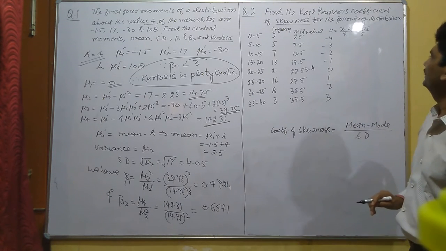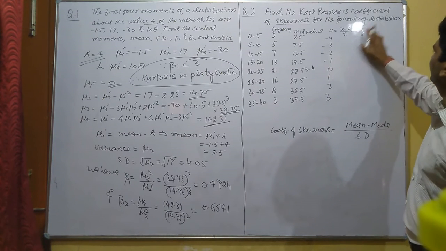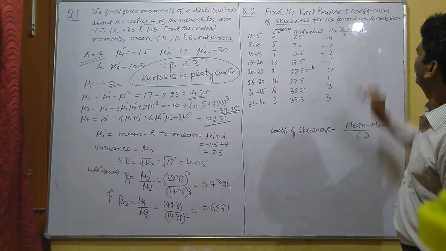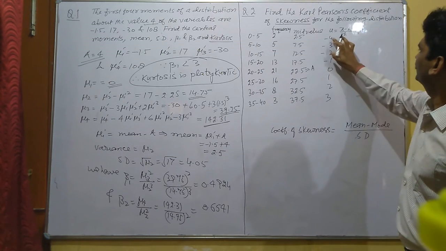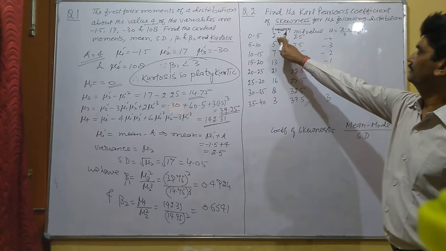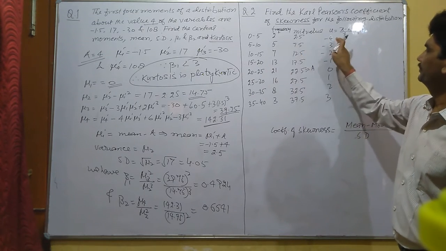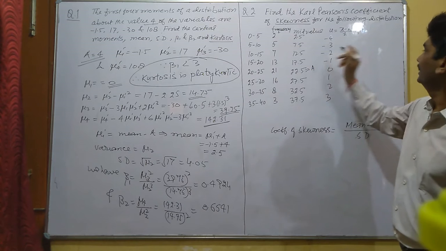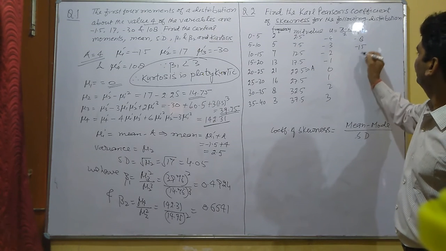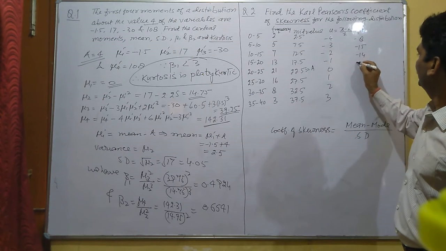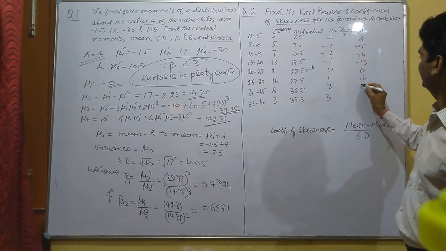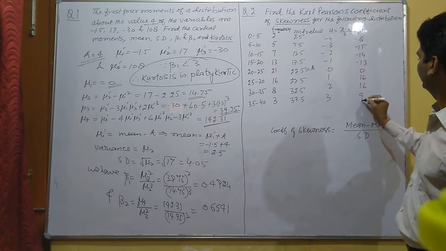And after that, we have to determine fu. This is minus 4, multiplied by the respective corresponding frequencies. Minus 8, this is minus 15, minus 14, minus 13, this is 0, 16, 16 and 9.